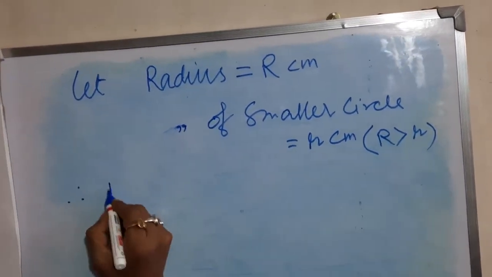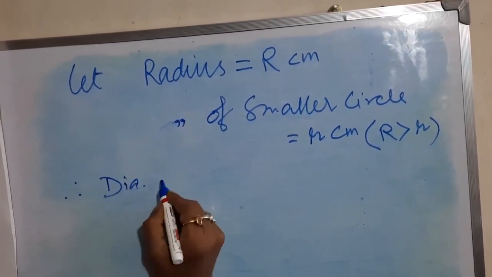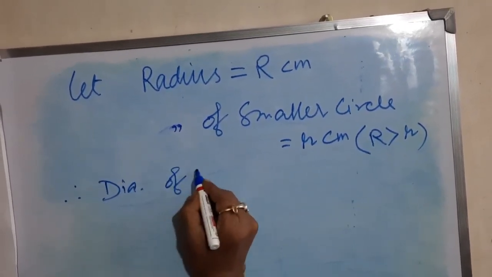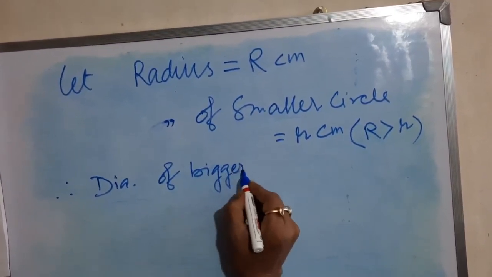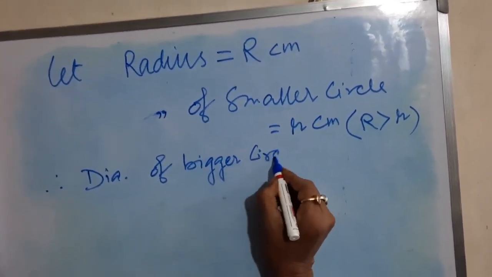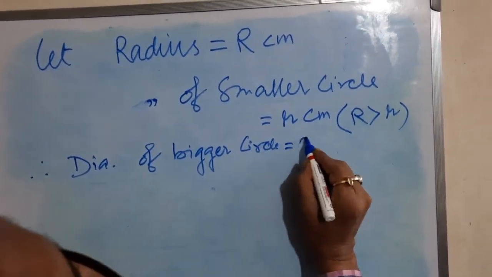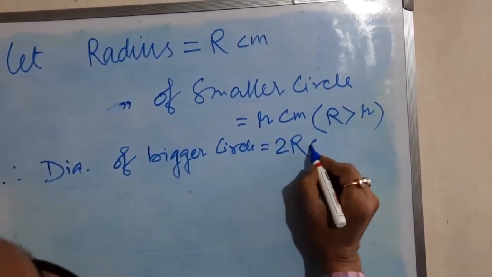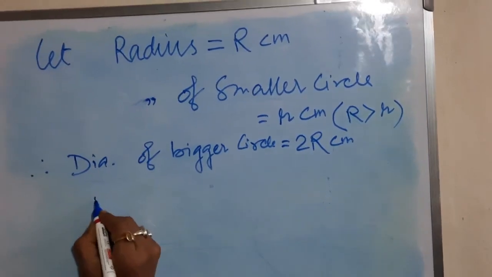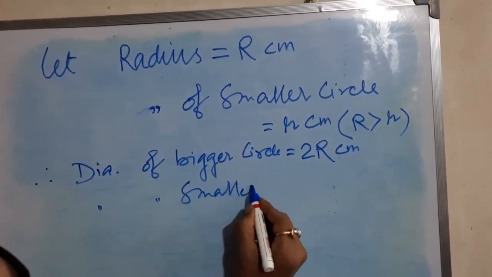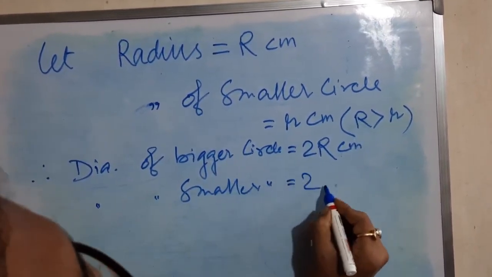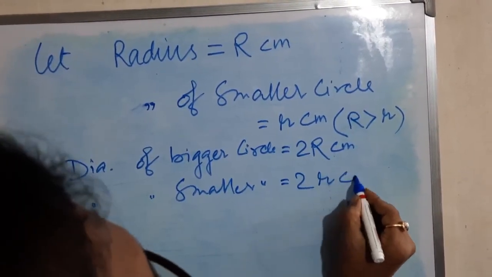Therefore, the diameter of the bigger circle is equal to 2 capital R centimeters, and of the smaller circle, 2 small r centimeters.